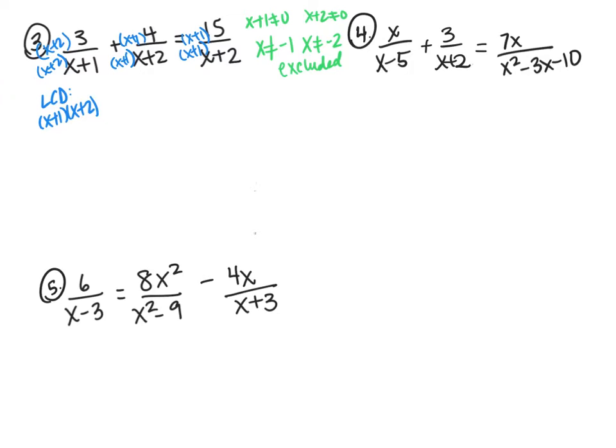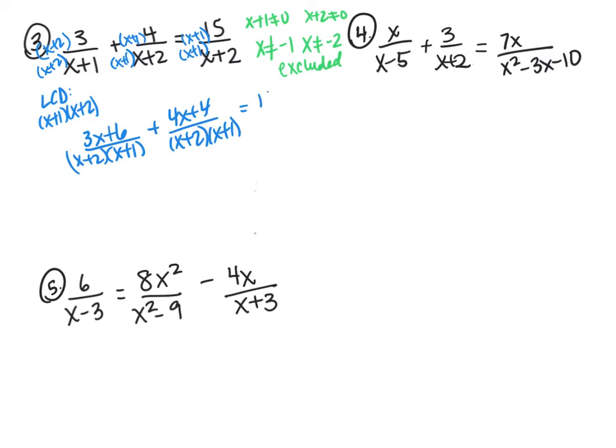So multiplying the numerators here, I'm going to end up with 3x plus 6 over that common denominator, plus 4x plus 4 over that common denominator.